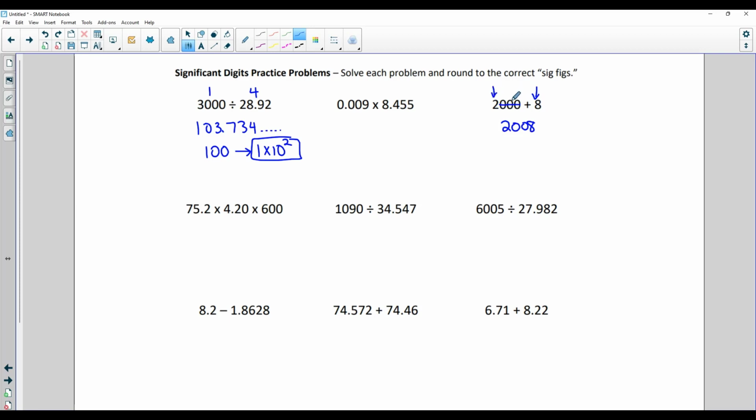This is the only significant decimal place. Again, it's like the football game where you say that about 2,000 people came in. This is the only digit you're sure of in this entire number. It's around 2,000. And so for this one, we have to round back to the same place, and so that's going to be that thousands place. And so this is going to round off to be 2,000.